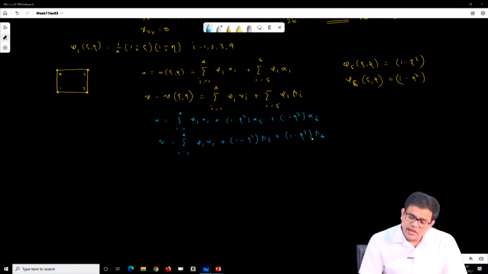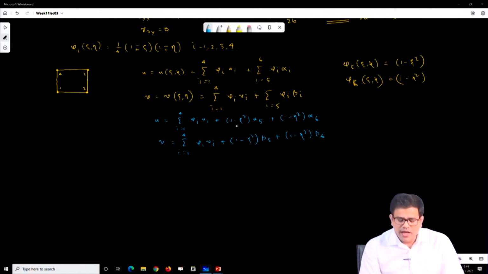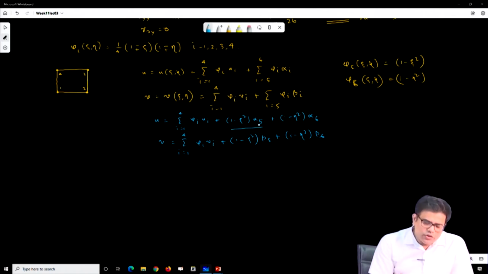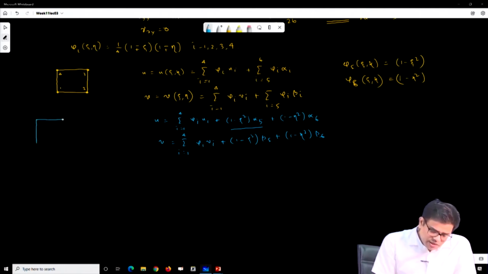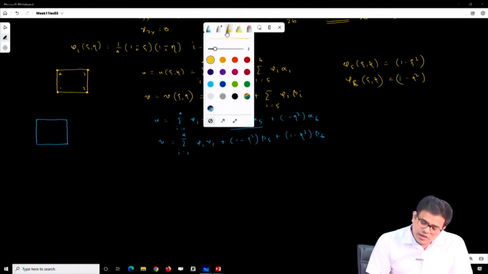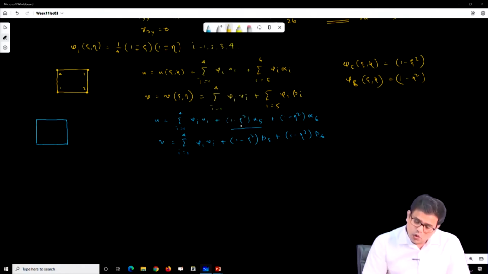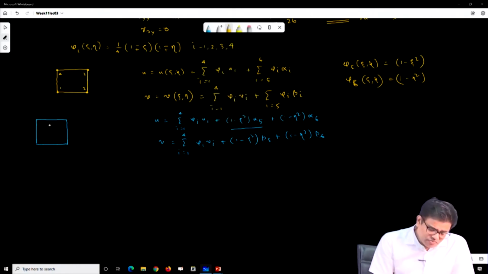Now suppose I consider only this part of the approximation, how will it look? Suppose this is my element. This will vary along the xi axis, with this as my eta and this as my xi.